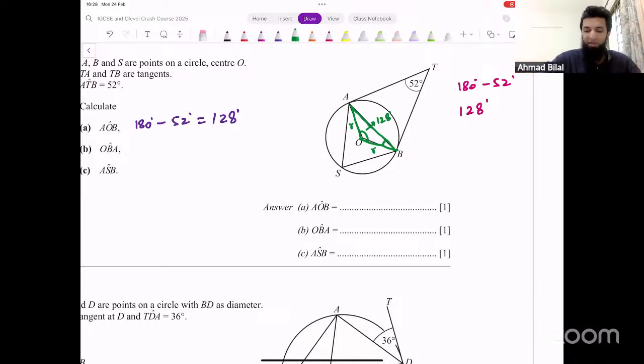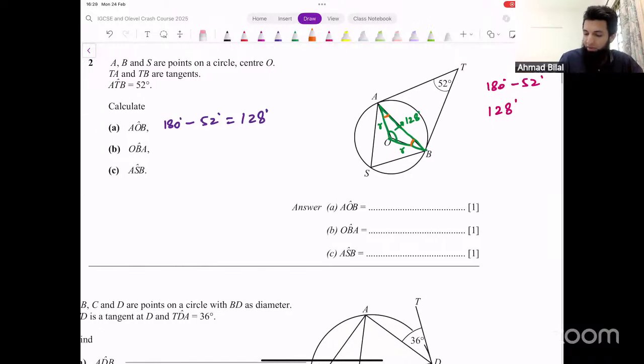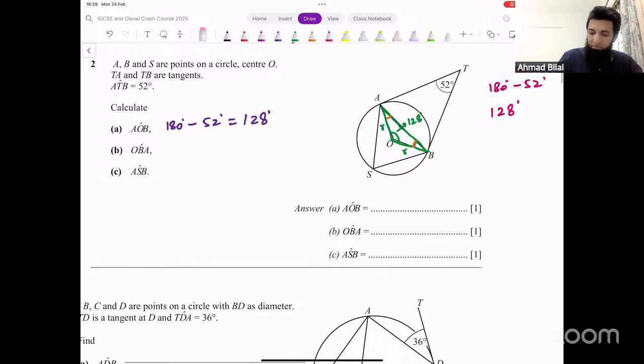That means the remaining two angles, this angle and this angle, are going to be equal to each other because this is an isosceles triangle. How do you find those remaining angles? The sum of angles in a triangle is 180. So we can subtract this 128 degrees angle from 180, and that gives us the sum of the remaining two angles, right? 180 minus 128.